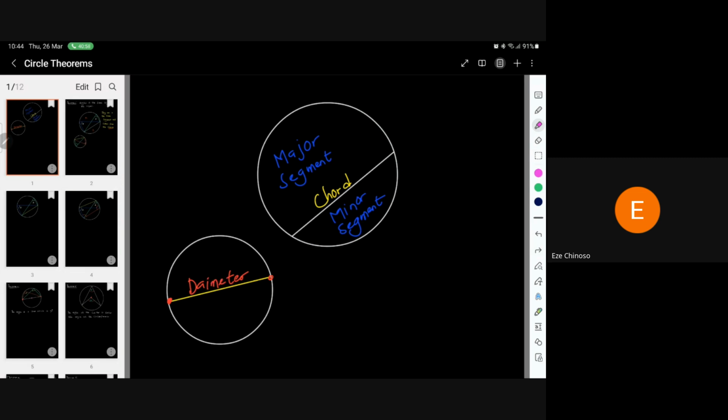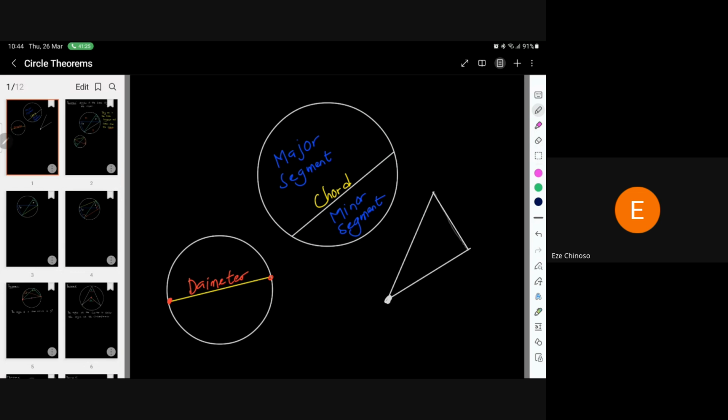Pay attention to that. Because the chord is central to everything we do in circle theory, every angle that will be formed will take its reference from the chord. So you can have the chord this way. Let's say this is the line. Then to form an angle, it must come from the two edges of the chord. From this point, then another point of the chord this way. So for an angle to be formed, it must run through the chord.